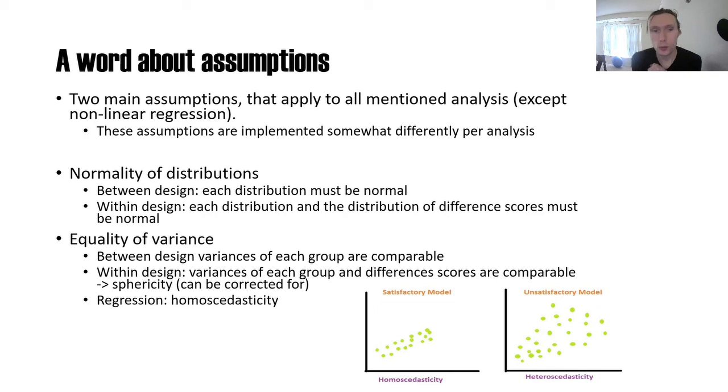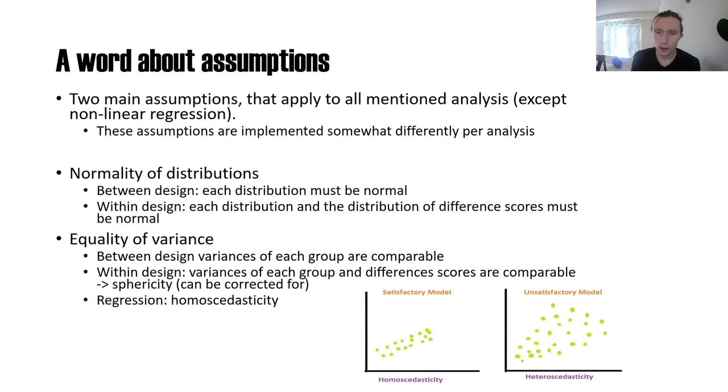Now there is a second one, and that is called equality of variances. That just means that if you have different groups, then how much variance there is within a group should be more or less the same between the groups.